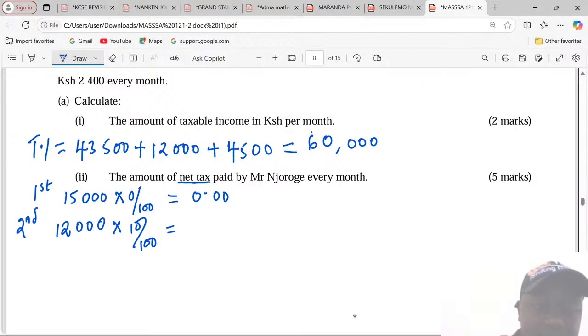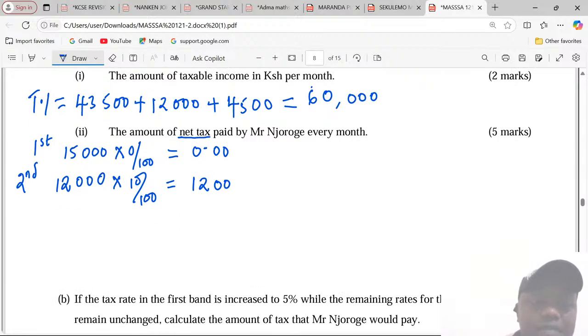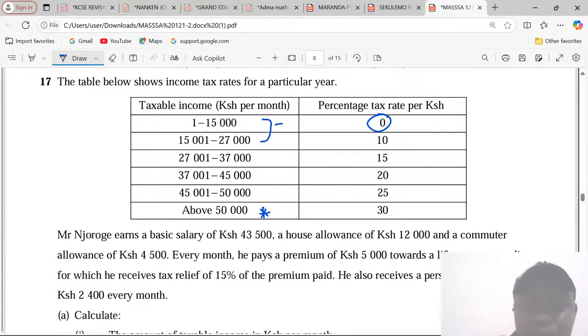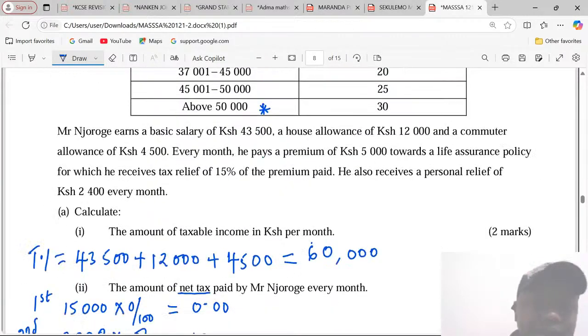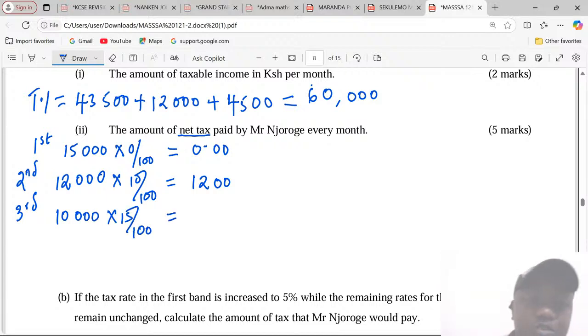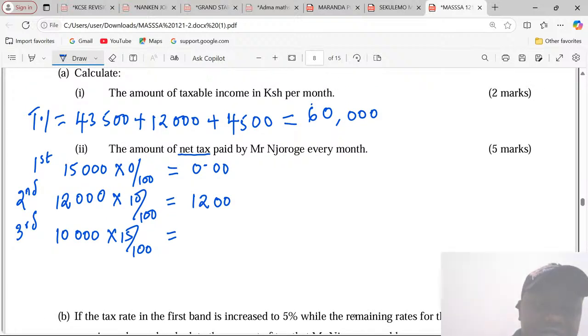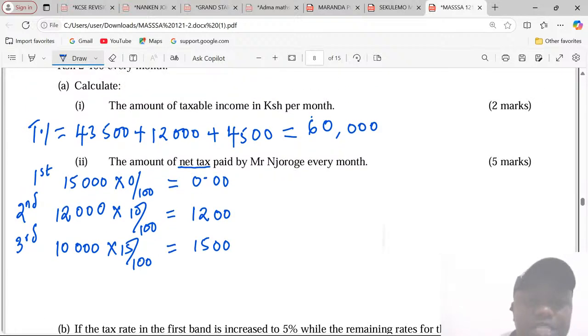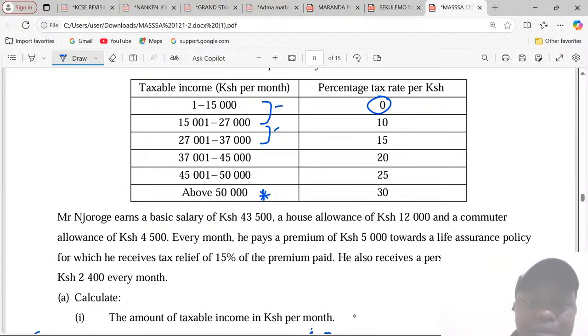So at 10%, we shall have 1,200. Then in the third bracket, we will need to take 37,000 minus 27,000. That will give us exactly 10,000. This one is being taxed at the rate of 15%, and it will give us 1,500.